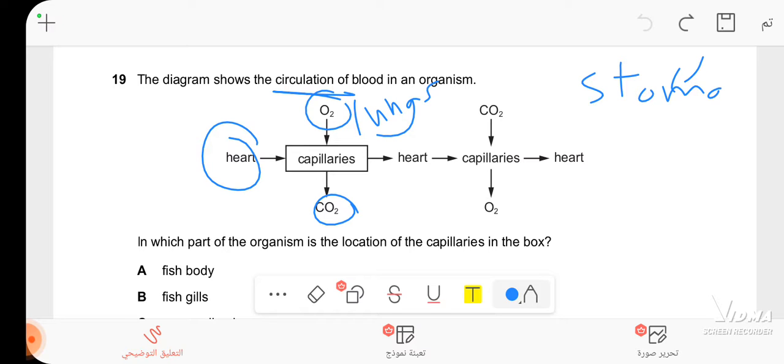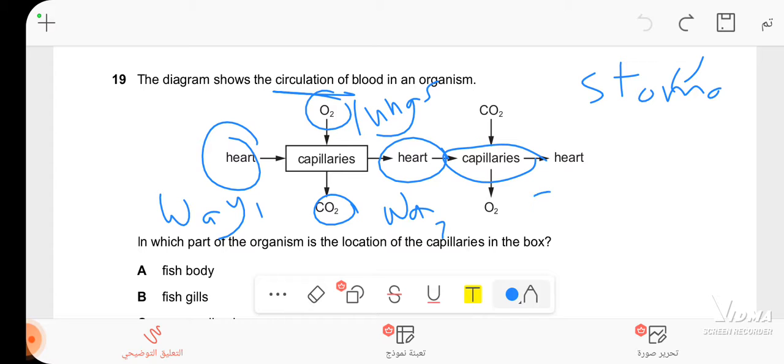Then the blood moves away, يبقى ده way 1. Then the blood will move to the heart, way 2, again after gaining oxygen, and from the heart to the capillaries at cells, which give the capillaries carbon dioxide, and they take oxygen, and then the blood will move again.